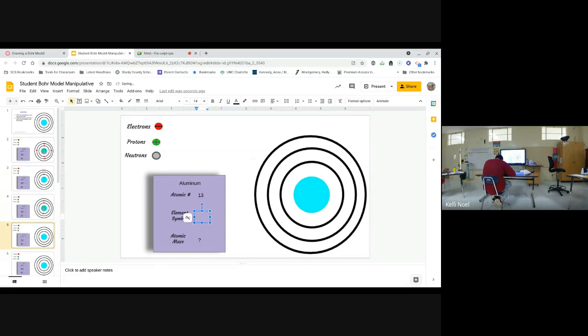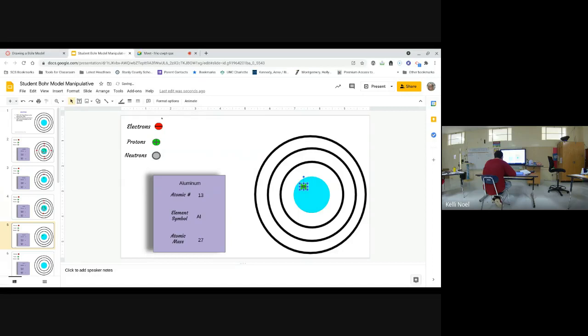A symbol that is not a capital I, it's a capital A and lowercase l. And then the atomic mass, what am I gonna put? 27. All right, so I'm gonna take 1 proton. I'll put it right here.